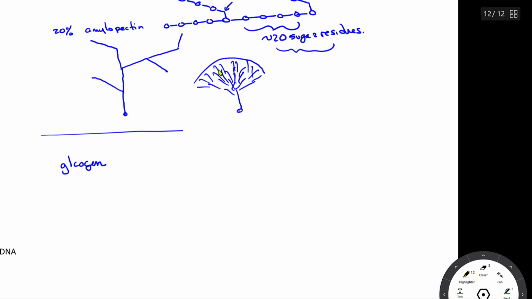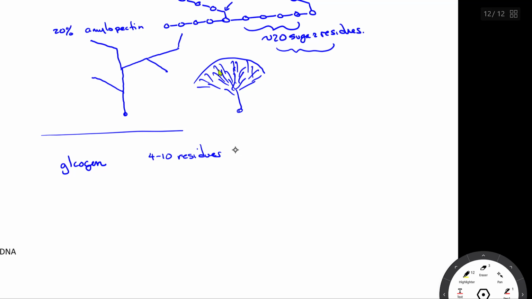And glycogen, the only real difference is the frequency at which it branches. I've seen anywhere from like 4 to 10 residues. It's not an exact number.